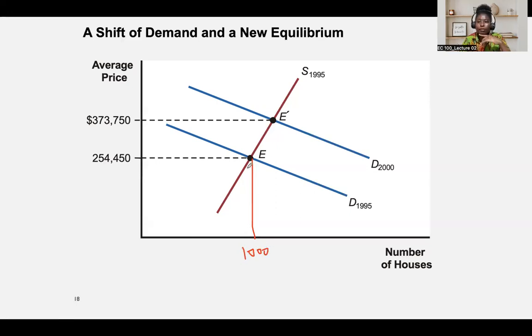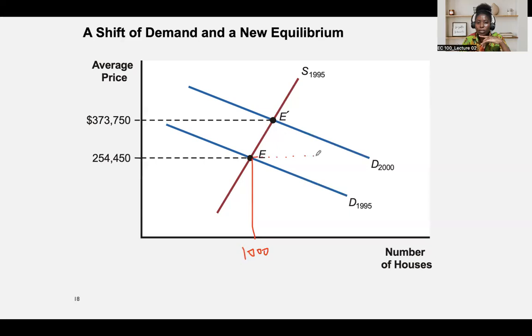Now, if people's income increases, to this point from here to here, we want to know what happens at the same price.